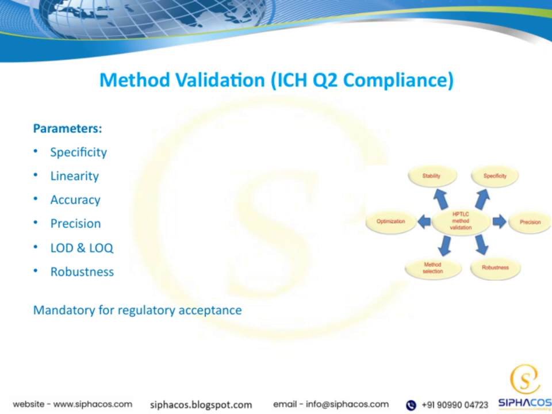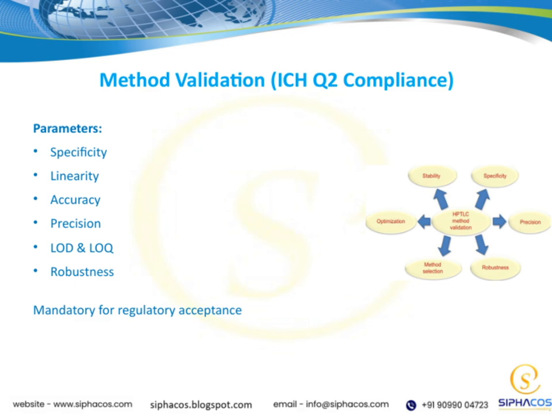Following that is precision, which refers to the consistency of our results when the method is repeated under the same conditions. It includes repeatability and reproducibility, and it's vital for demonstrating reliability. We also need to consider the limit of detection, or LOD, and limit of quantification, or LOQ.